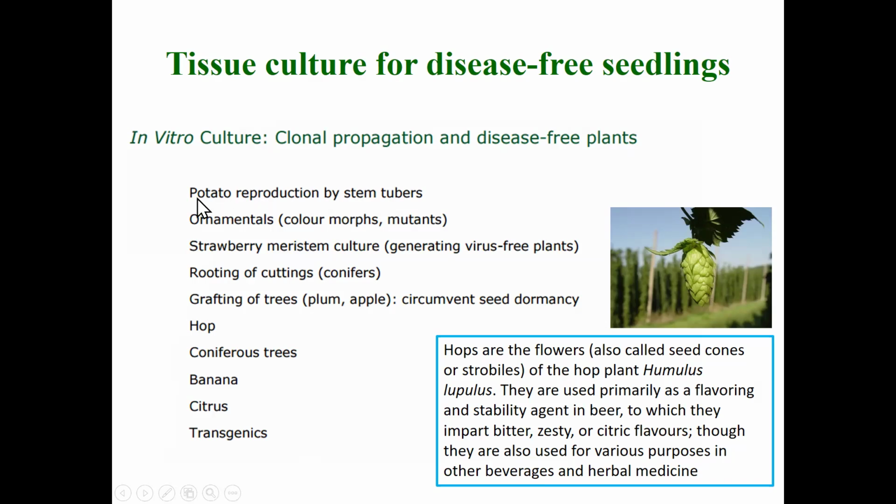If you are asked to give an example of the practical application of tissue culture for improvement of food and nutritional security in Bangladesh, obviously you name the potato, because bumper production of potato is achieved due to tissue culture.